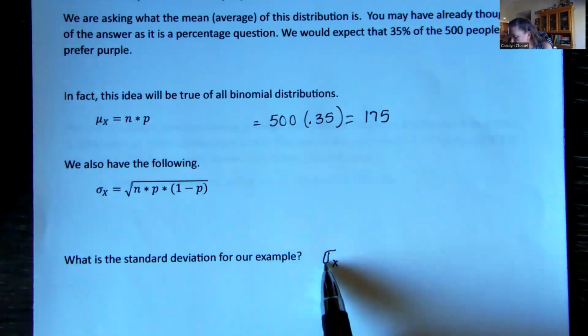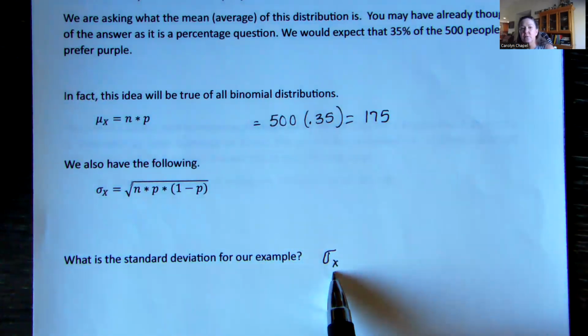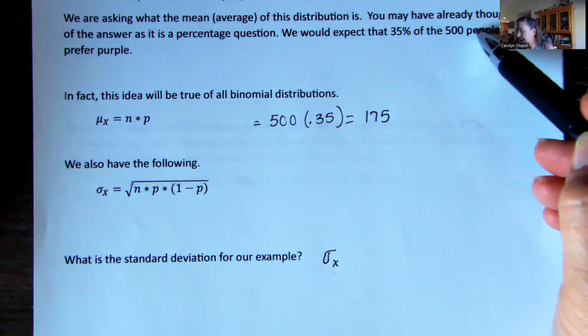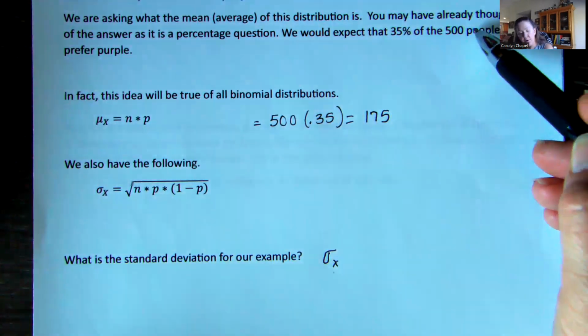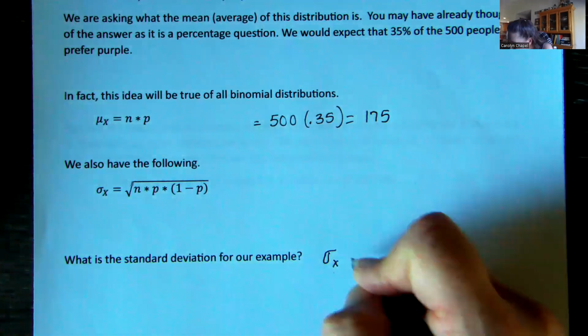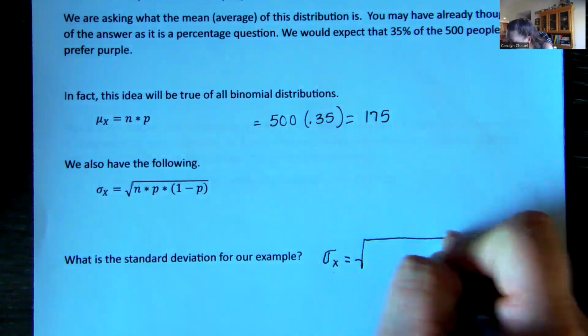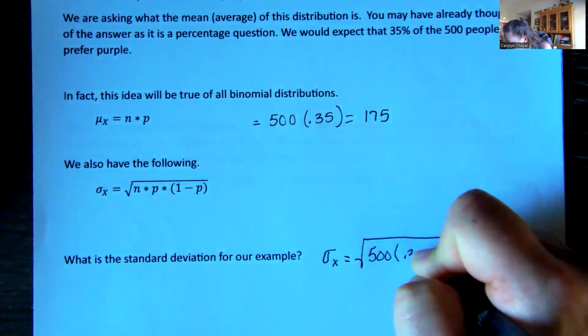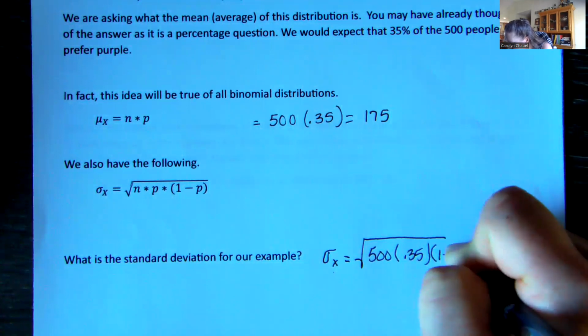Standard deviation is our sigma. We use the x to refer back to the binomial that we're looking at, or the random variable that we're looking at. It is going to be the square root of our 500 times our p times our 1 minus p.